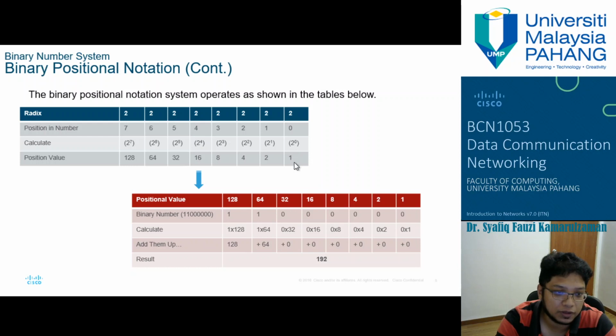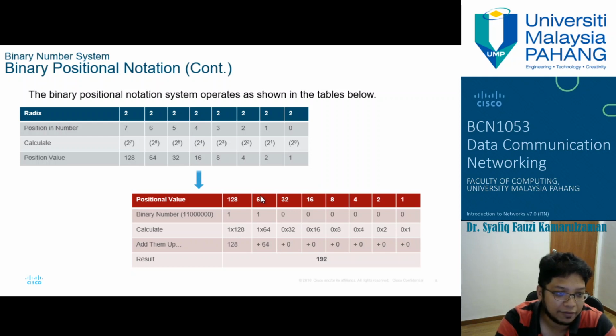For example, 2 power of 0 represents 1, 2 power of 1 represents 2, 2 power of 2 represents 4. It is the power of 2 value of each bit's location. For example, if it is in location 7, 2 power of 7 means it is 128.